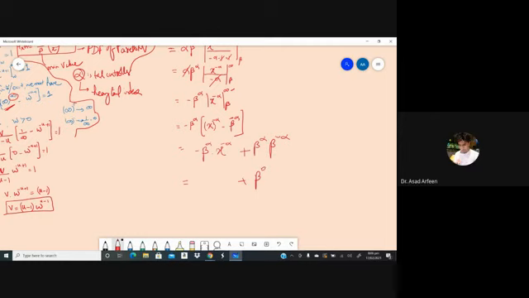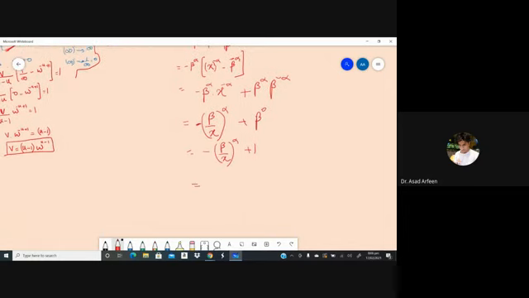And what about this side? Beta over x to the alpha, minus, and this thing will be equal to beta over x to the alpha plus 1, or now we can write 1 minus beta over x to the alpha.